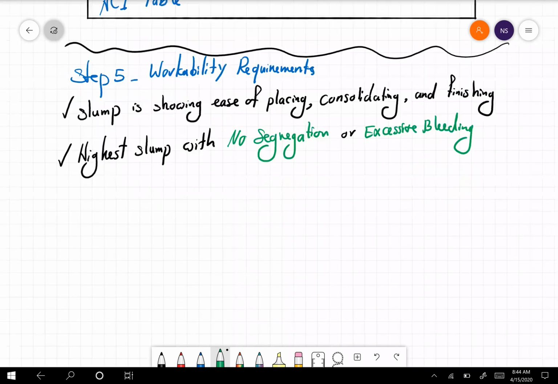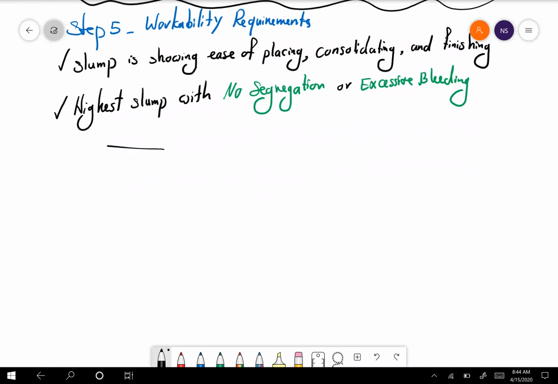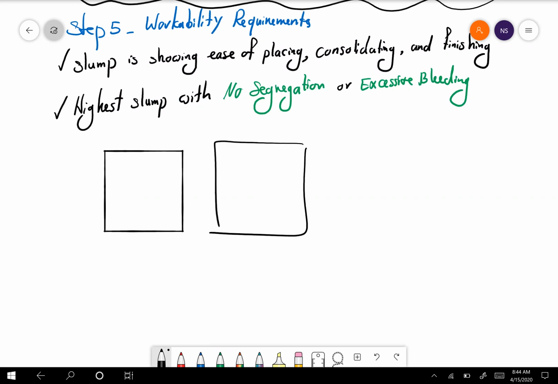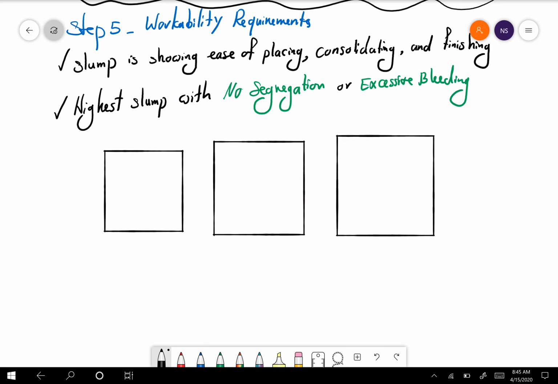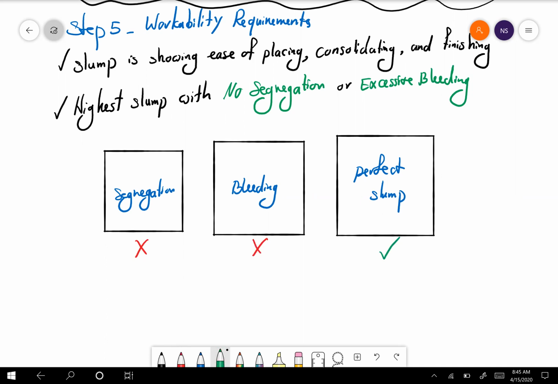I have examples of these that I'm going to post here in the notes. These are examples of segregation and bleeding, and this is a perfect slump. We don't want to see these two happen, and we definitely want to see a perfect slump.